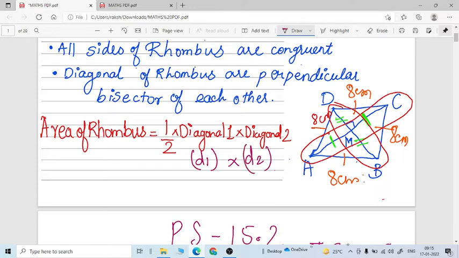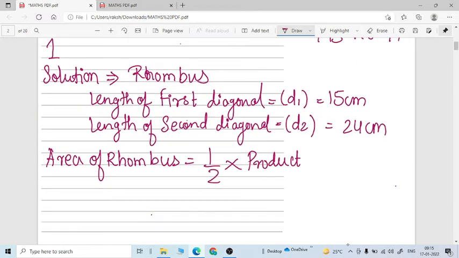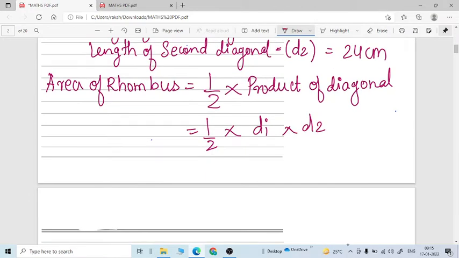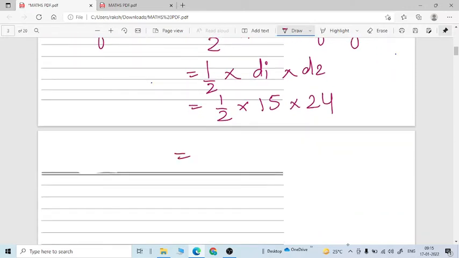It is the same. So area is half into d1 into d2. What is the value of d1 and d2? 15 and 24, which they have given.